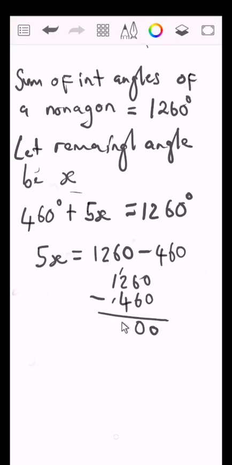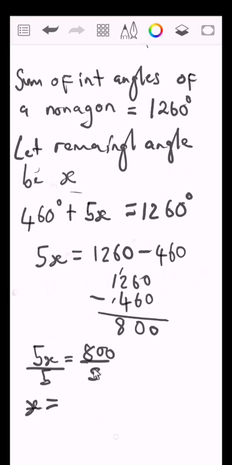So that's 800. So 5x is equal to 800. To get x, we just divide both sides by 5. So x is equal to 800 divided by 5: 5 into 8 is 1, remainder 3. Then 5 into 30 is 6, and 5 into 0 is 0. So each angle is going to be 160 degrees. This is how we calculate it.